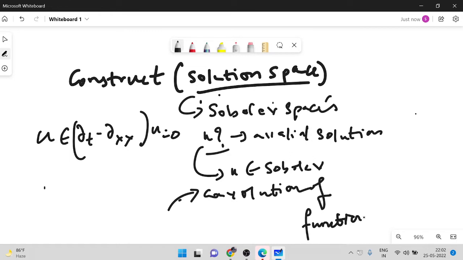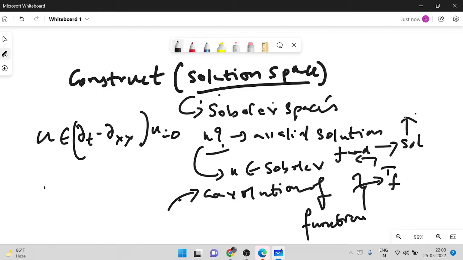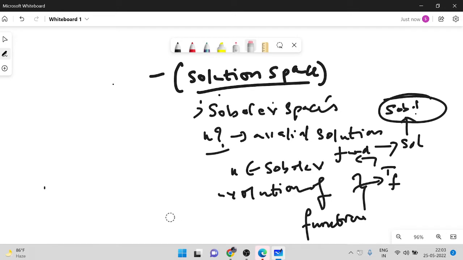After convolution of functions, we construct convolution of distributions, then we go to what a fundamental solution means, and from fundamental solution we go to Schwartz space, and after Schwartz space we go to Sobolev space. With that, I'll end the abstract part about PDEs that is going on right now.